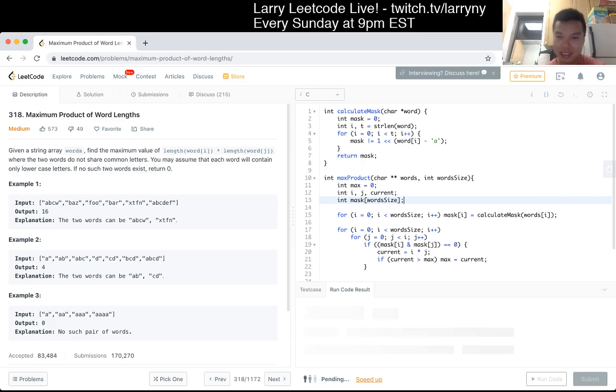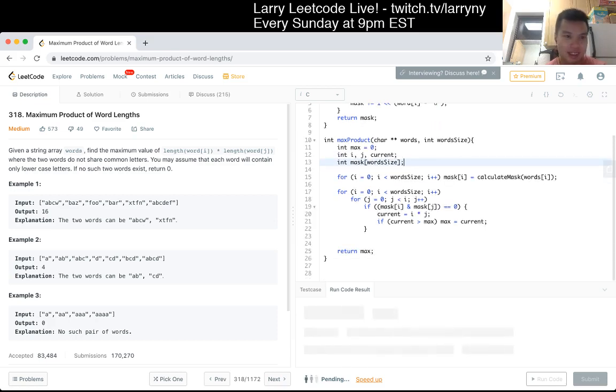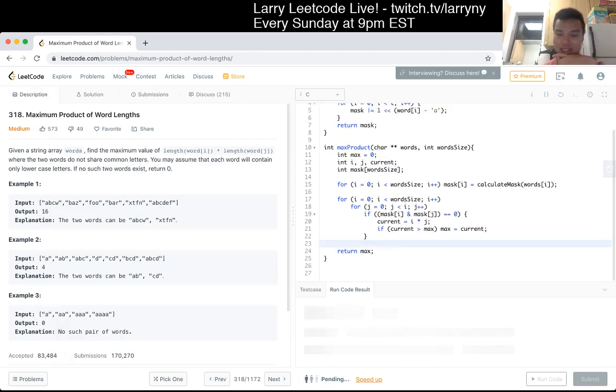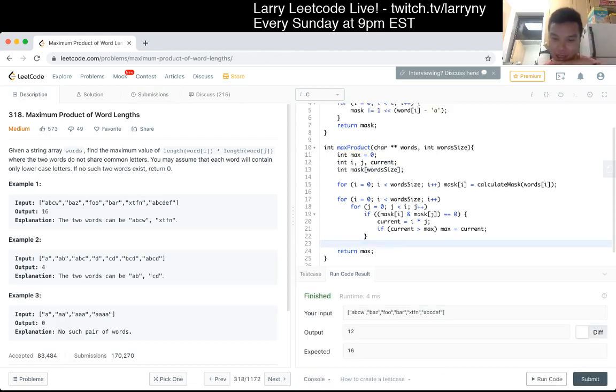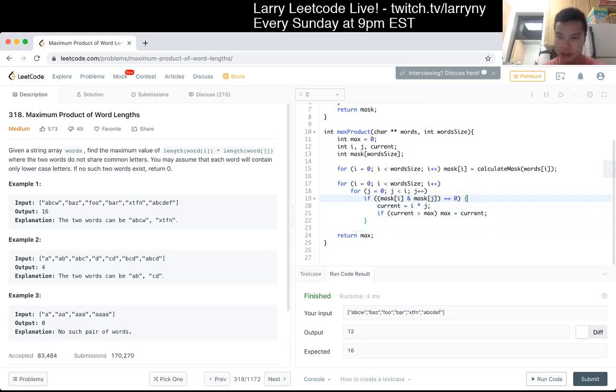Man, Leetcode is just having issues today, I guess. I don't have anything local set up, otherwise that's what I would do. But okay, cool, it gives me something. No, the waiting game continues.